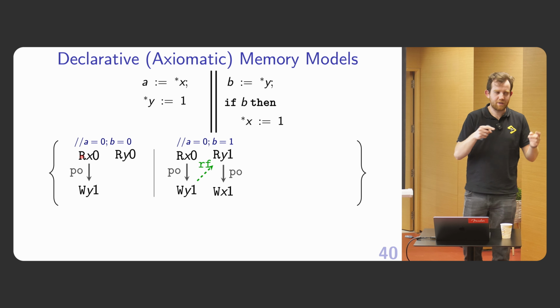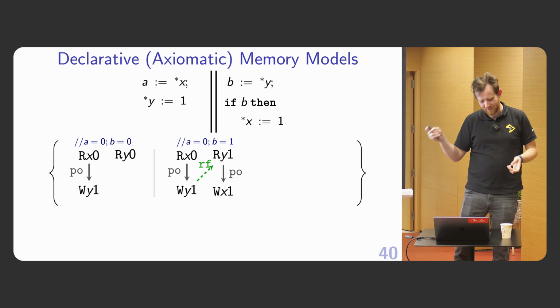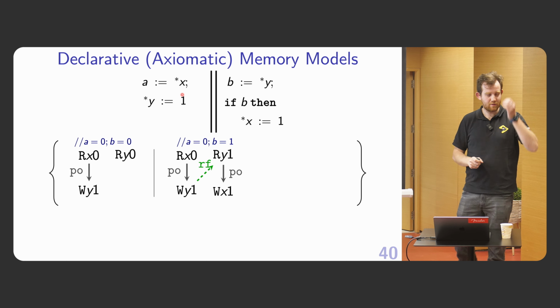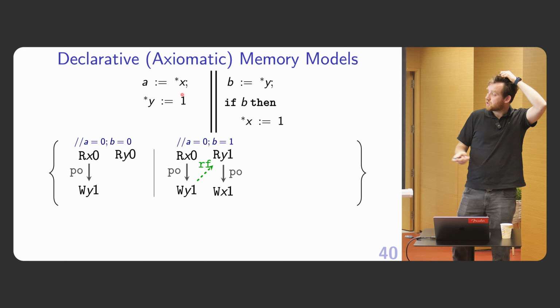Okay, so R stands for read, and X is the name of the location which the access reads from. Here we have X and Y, which are shared locations, so this is why we have location X here. And 0 stands for the value which we got when we executed the corresponding instruction. Thank you for the question.